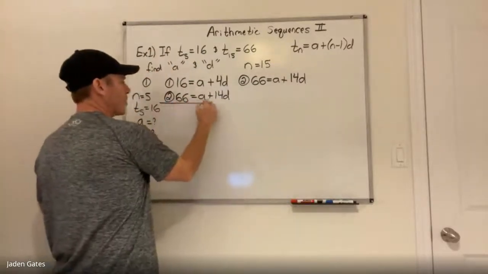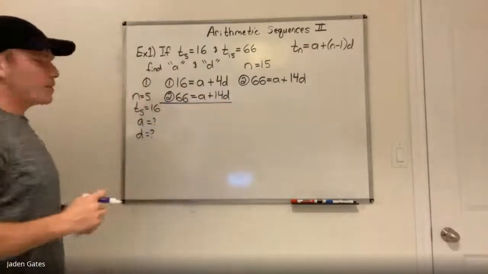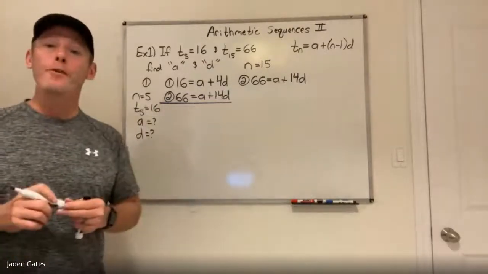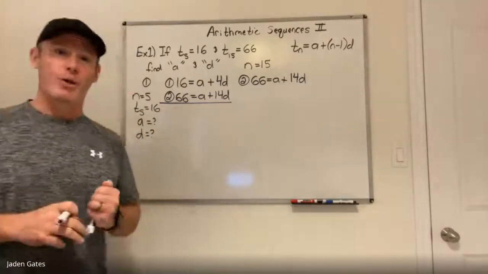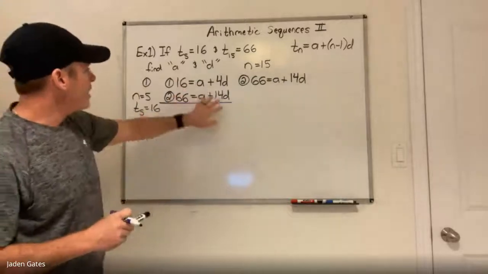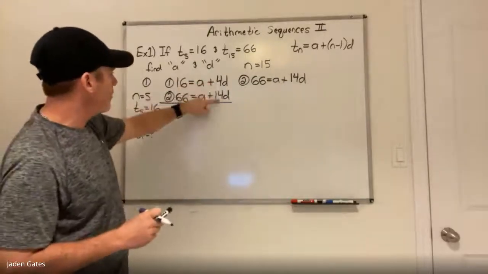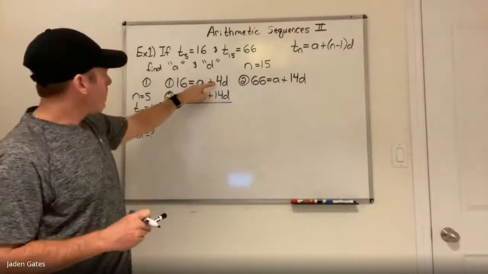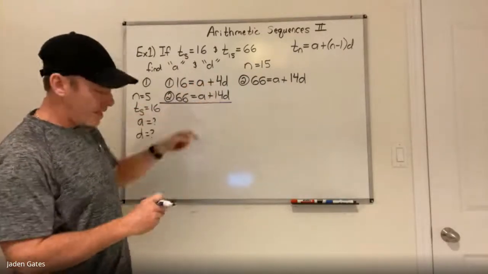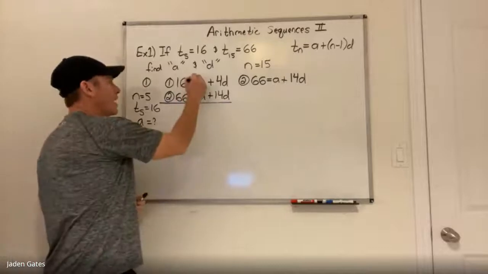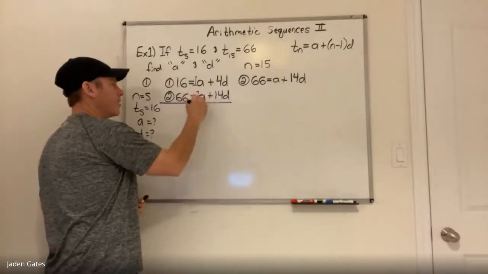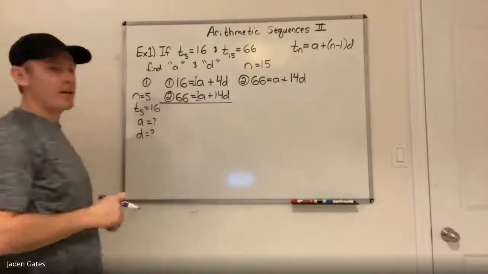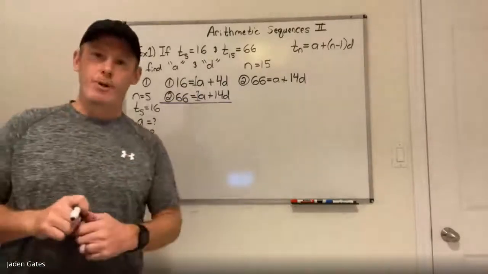That's why I wrote these equations on top of each other. With elimination, I need the coefficient in front of one of my variables to match up, which means the same number. I've got a 4 and 14 here. That's not happening. But I do have a 1A here, and I have a 1A down here. Because the coefficients match up, I can do elimination much easier.